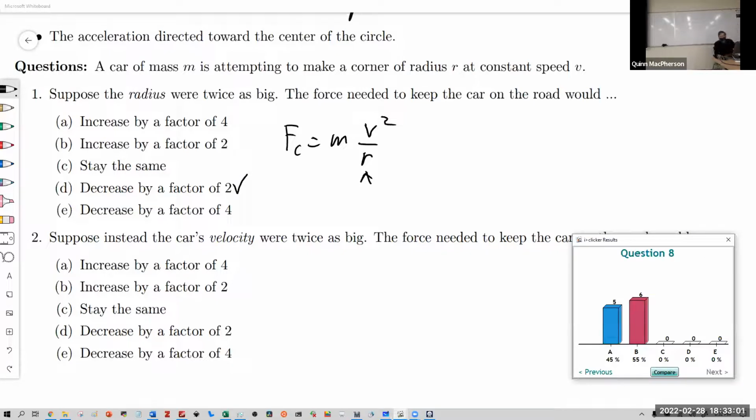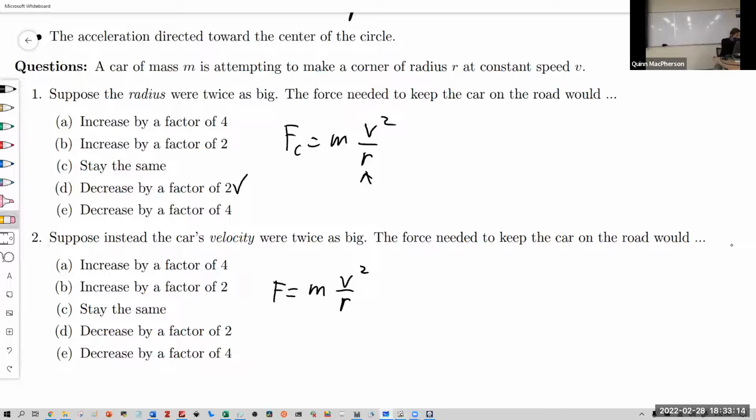Okay, so some people think it's 4 times big, and some think it's twice as big. Okay, so if we take force centripetal mv squared over r, but now let's double v. So if we double v, that's like replacing v with 2v, which would come out to, you square that, so it would be 4mv squared over r.